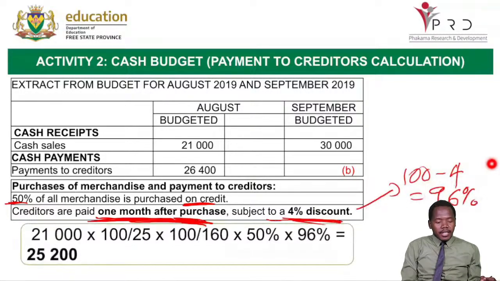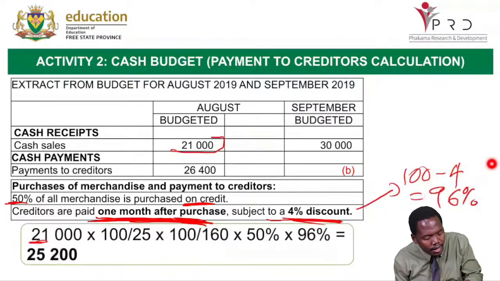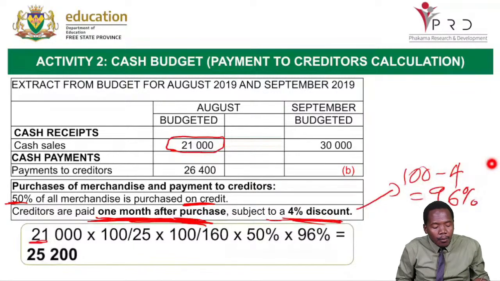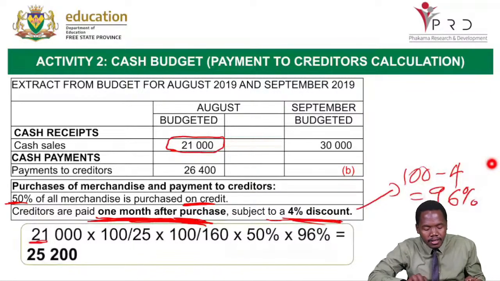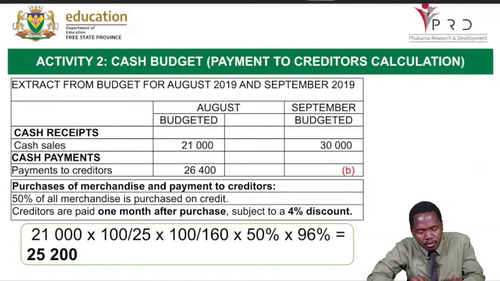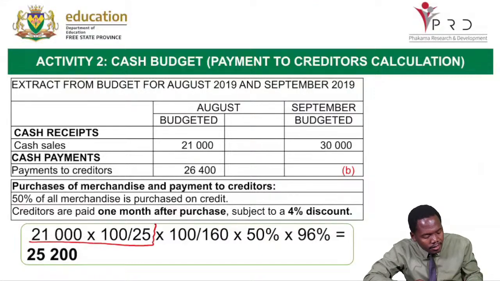Now, here's our calculation. We can use our cash sales because what we have here is our cash sales. First of all, we have to convert the cash sales into what? Into cost of sales. Okay, let me just clear this so that it's going to be clear here. This is the first part.